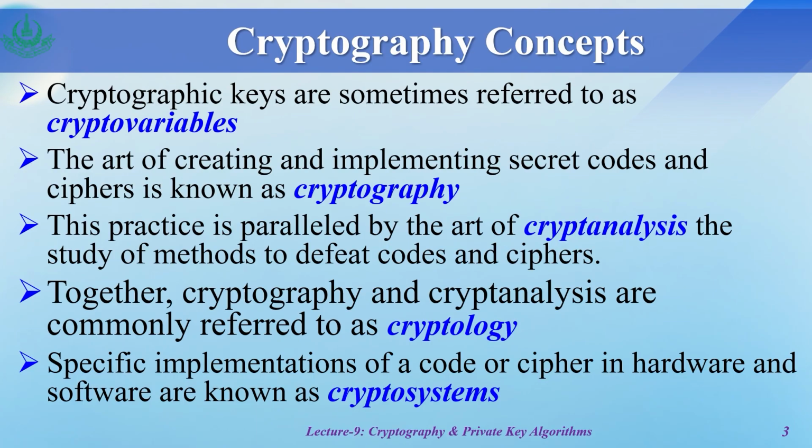Cryptographic keys are sometimes referred to as crypto variables. The art of creating and implementing secret codes and ciphers is known as cryptography. This practice is paralleled by the art of cryptanalysis, the study of methods to defeat a code or cipher, or to decrypt the encrypted data.